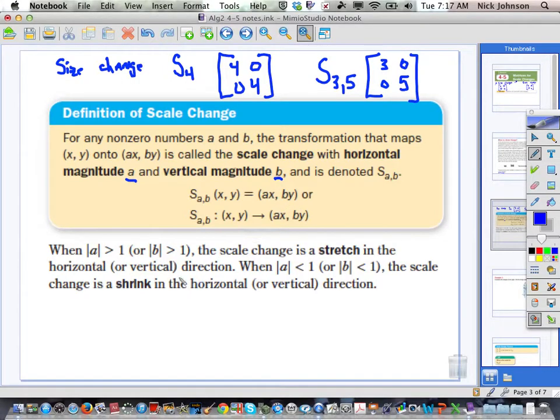It says when the absolute value of a is greater than 1, or the absolute value of b is greater than 1, the scale change is a stretch in the horizontal or vertical direction. When the absolute value of a is less than 1, or the absolute value of b is less than 1, the scale change is a shrink.